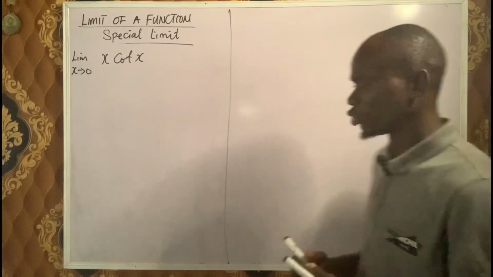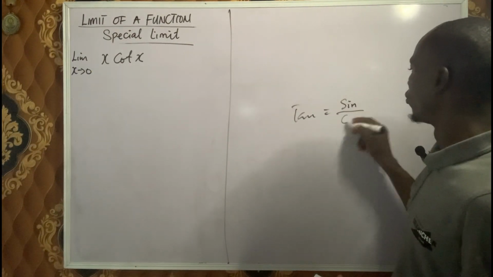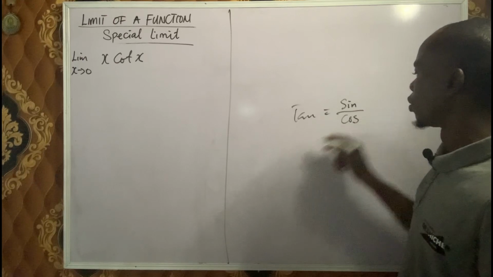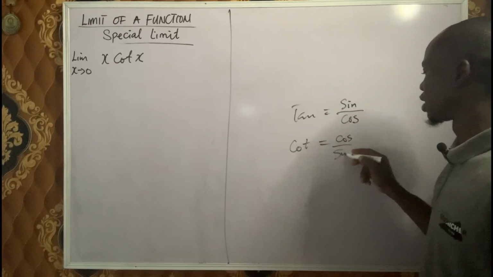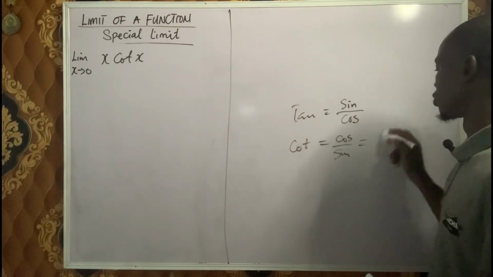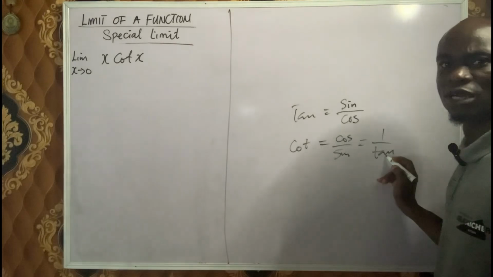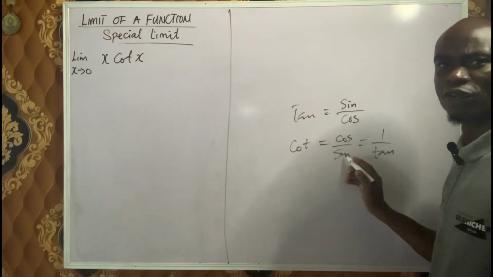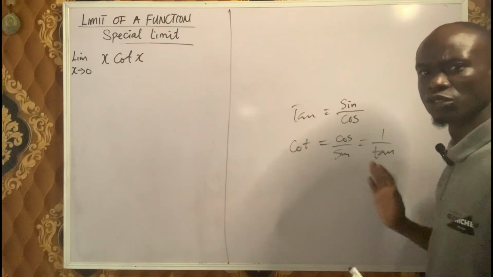Remember, in trigonometry functions, tan is sine over cos, while cot is cos over sine. We also see cot as 1 over tan. Since we have cot, we can change it to 1 over tan, or we change it to cos over sine, and we'll still get to where we are going. Any one you use is okay.